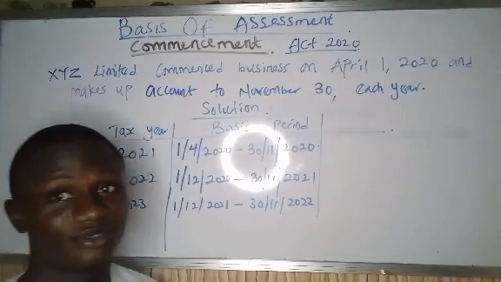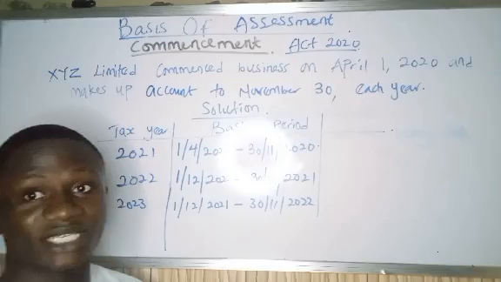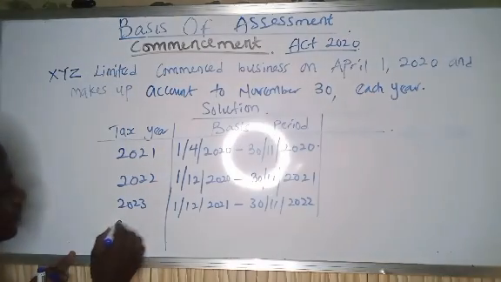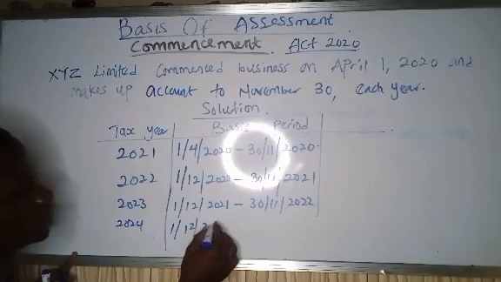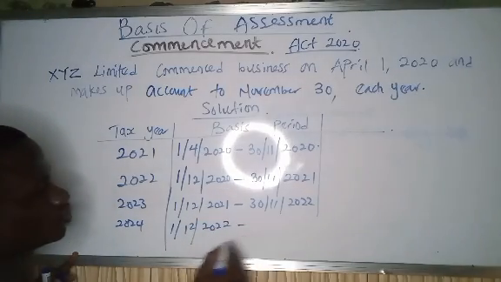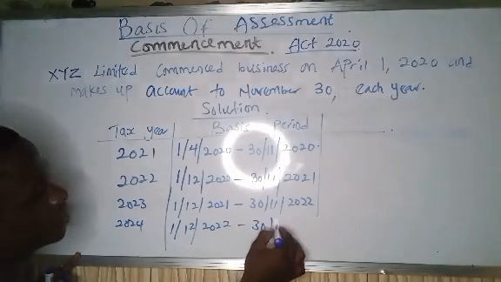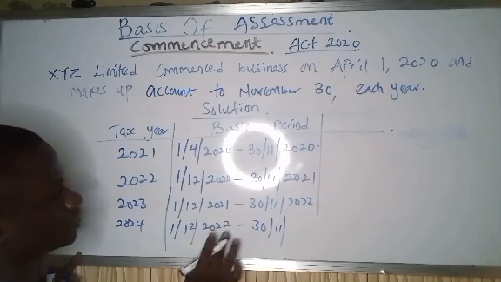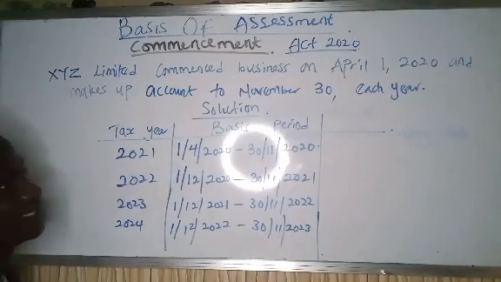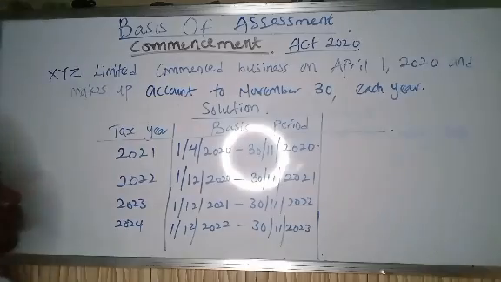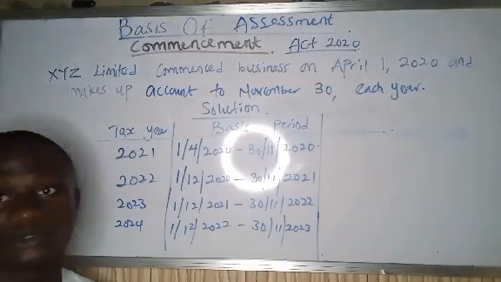When I started this basis period, that was the same thing I did, before I could master it. So for the fourth year, 2024, it will be 1/12/2022 to 30th 11 2023. So this is the basis period for the first 4 years as required by the first question.